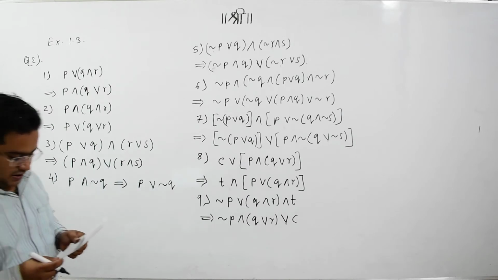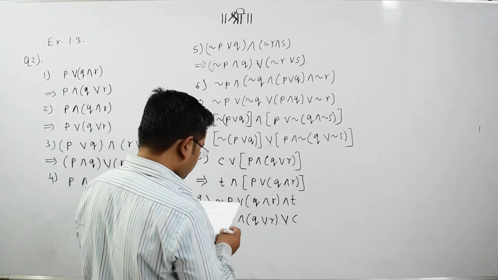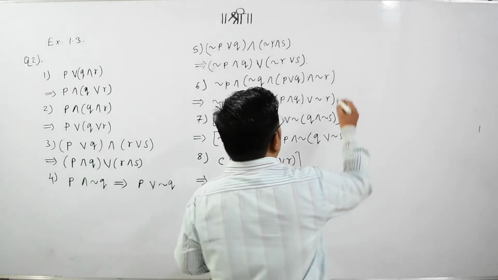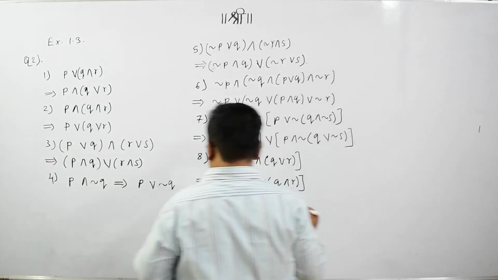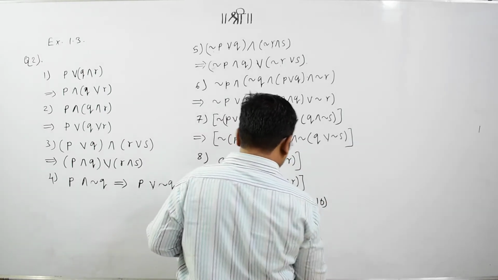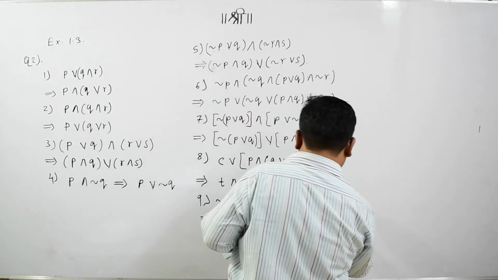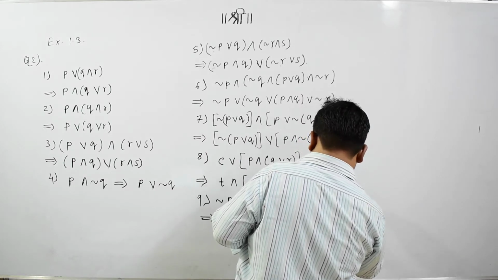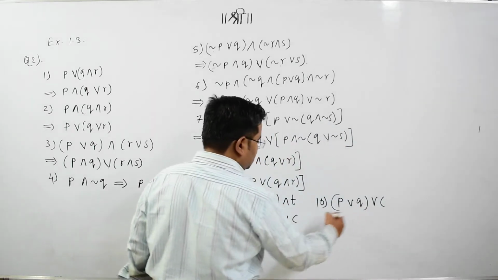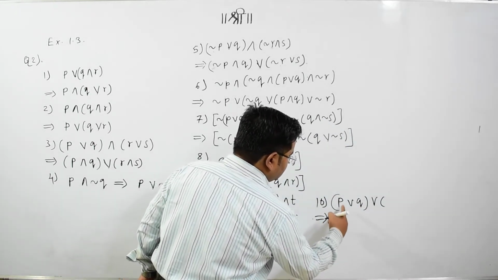Now next step, P or Q or C. So it is a simple one. I would like to write it here, number 10. So P or Q or C. Within this step, what are we looking at?